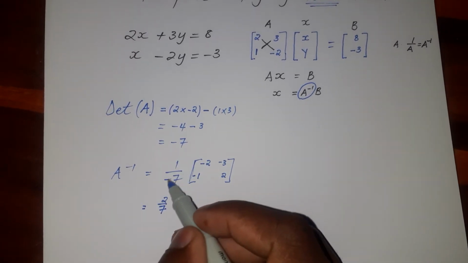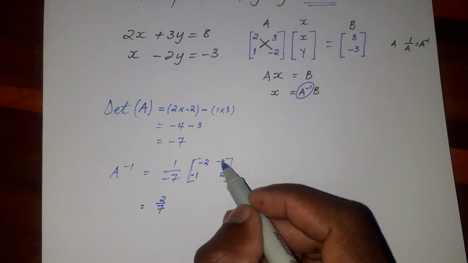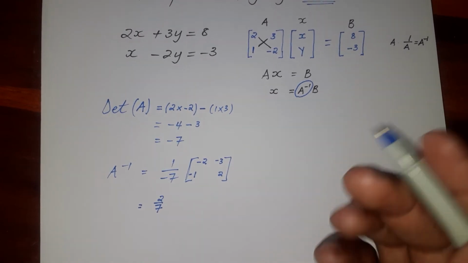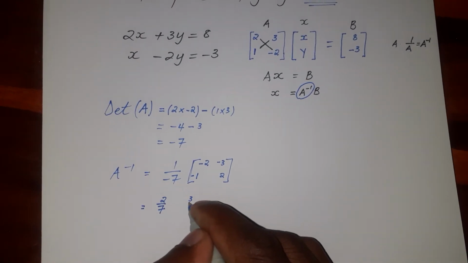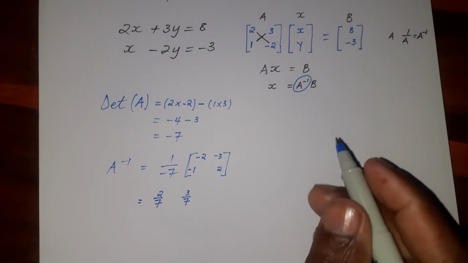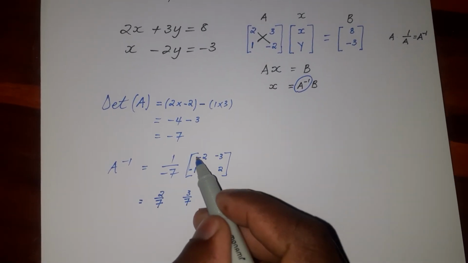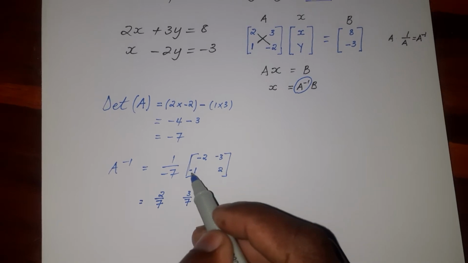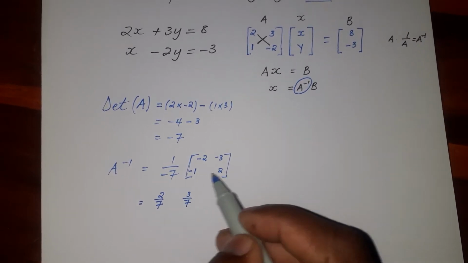And then 1 over negative 7 by negative 3. The negative and the negative cancels, therefore we have 3 over 7. With the first row, we are done. Let's move on to the second row.